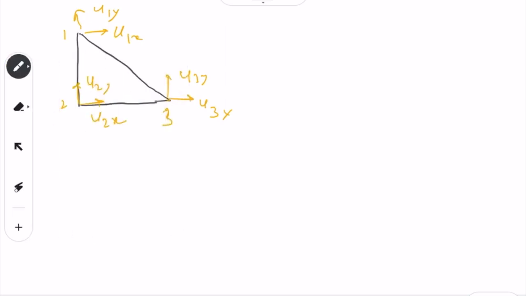Yeah, this is a displacement vector. So, start with the displacement vector. This is UE tilde.